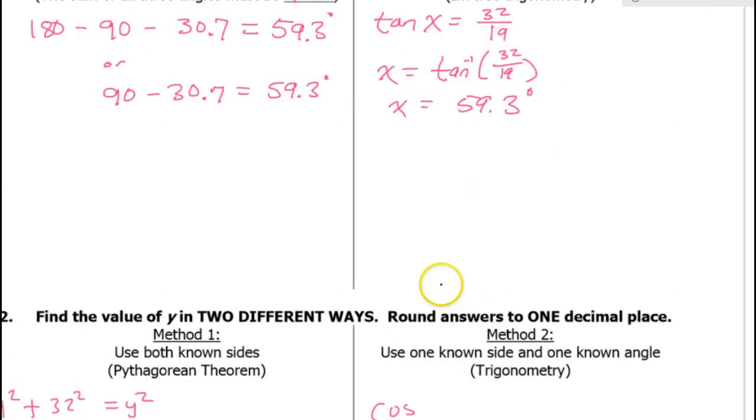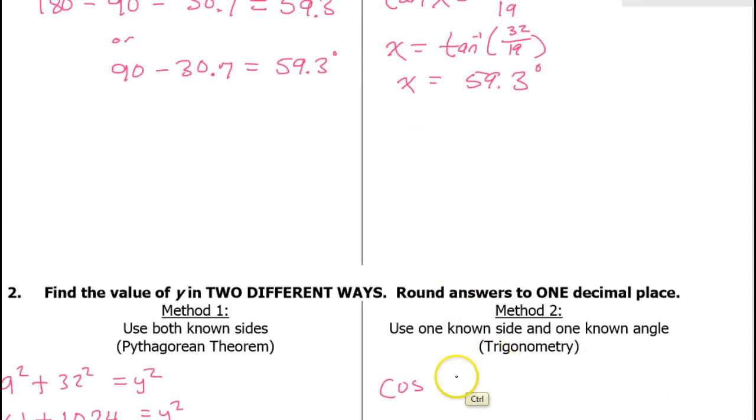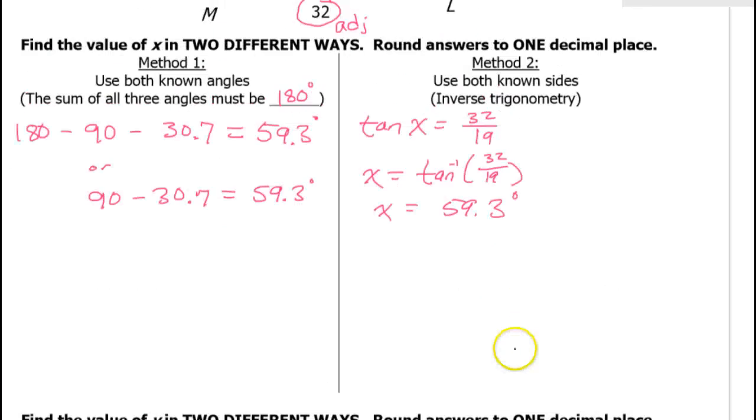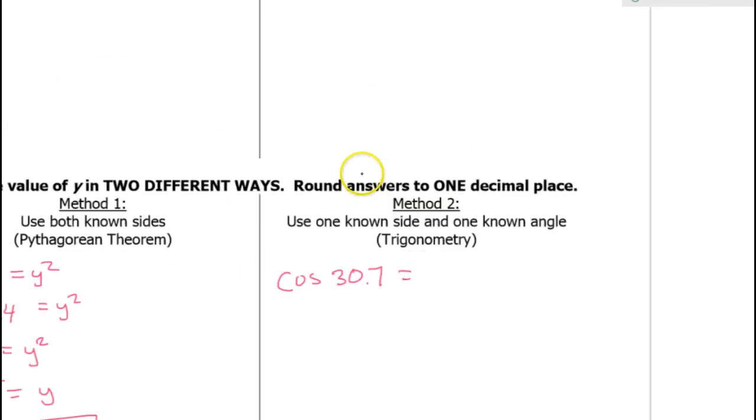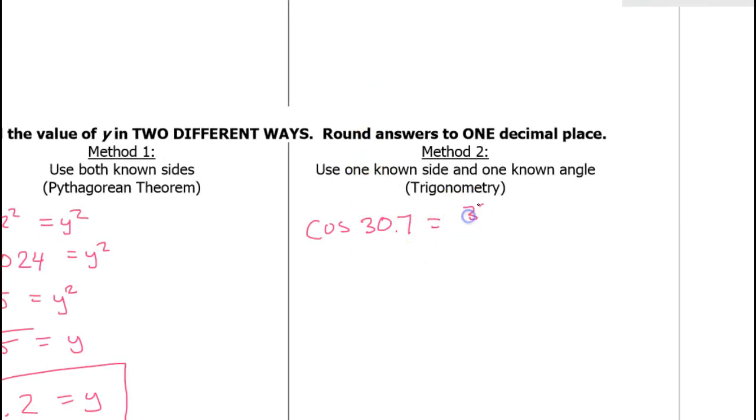I could say cosine of 30.7 is equal to 32 over y, adjacent over hypotenuse. If I wanted to solve this, when you have a variable in the denominator, you can swap these. So that's going to give you y is equal to 32 over cosine 30.7. And then you can just put this in your calculator.